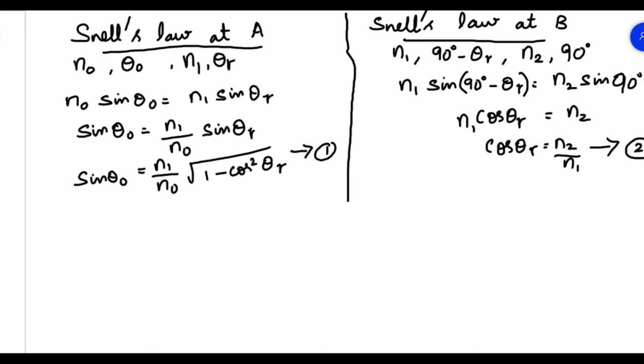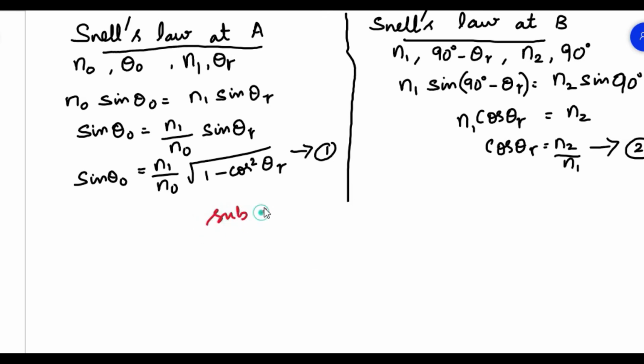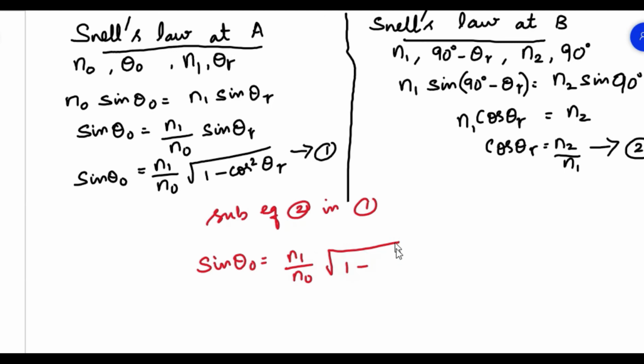So next I am going to substitute equation number 2 in 1. Sine theta naught is equal to n1 by n naught root of 1 minus, in the place of cos square theta, n2 by n1 the whole squared.